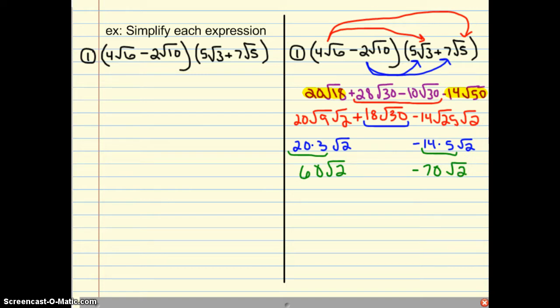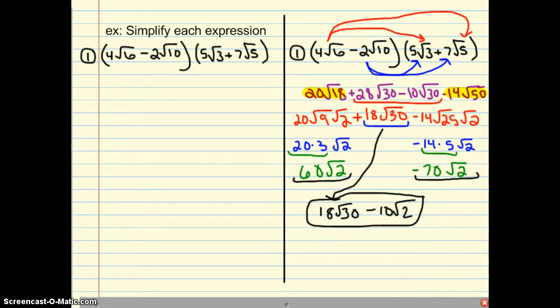So finally, approaching an answer, our piece here comes down to 18 root 30, and our terms here and here can combine for minus 10 root 2. And that is our fully simplified answer for that example.